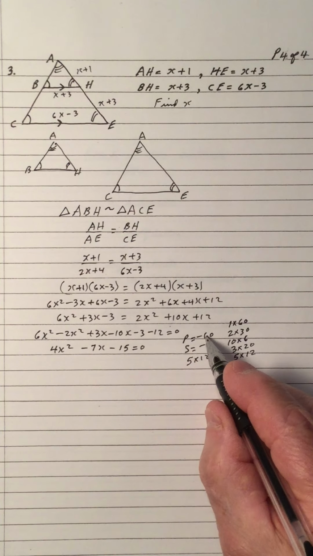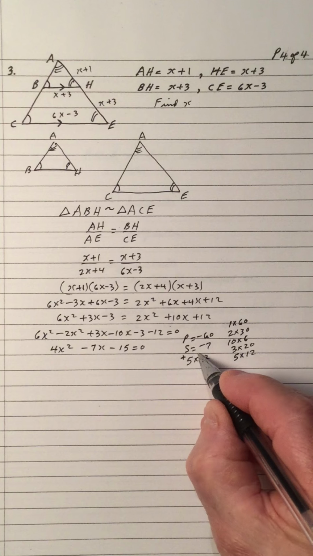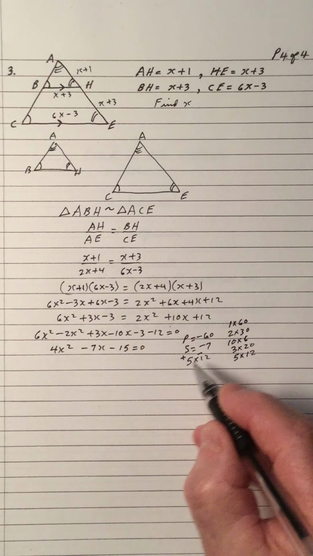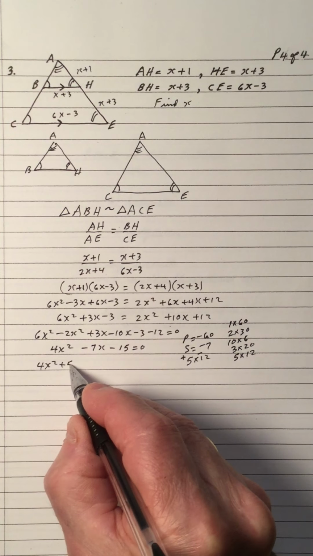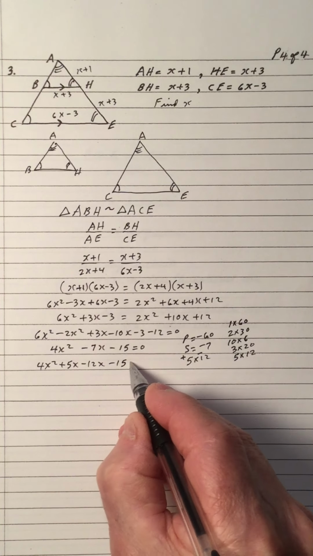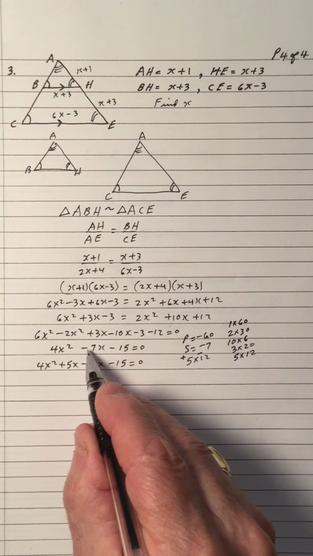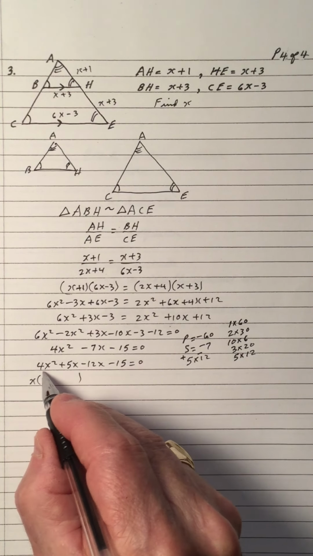But the product is negative, so one has to be plus and one has to be minus. So plus 5 and minus 12, because the sum is negative, so the larger factor has to be negative. So 4x squared plus 5x minus 12x minus 15 equals 0. And notice when you add these two up, you get negative 7. So that means x comes out of the first two, because we're going to do grouping.